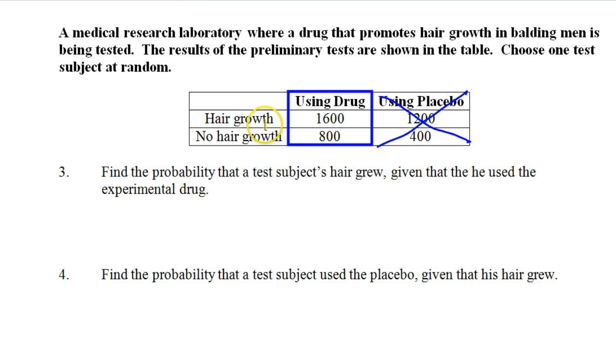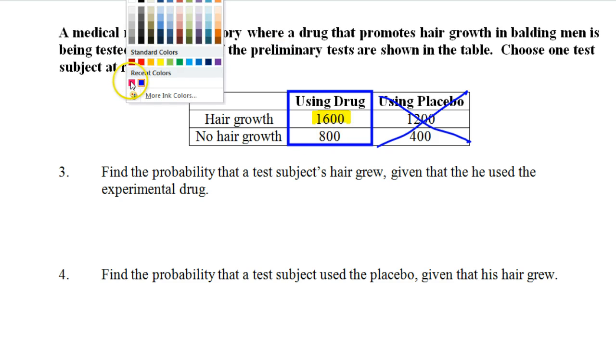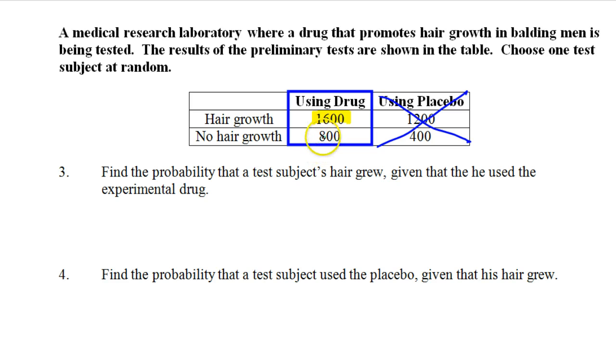Okay, so target over total. Hair growth is our target, and our total, if we add these together, is 2,400. So the probability, target over total, is 1,600 over 2,400.